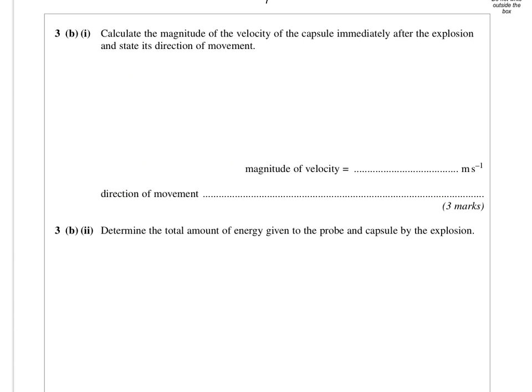Calculate the magnitude of the velocity of the capsule immediately after the explosion. So the total momentum before would be 500 times 160, and afterwards it's going to be the mass of the probe times the velocity plus the momentum of the remaining section.